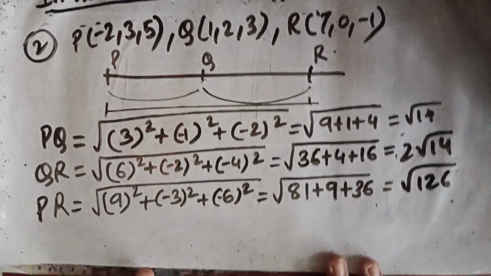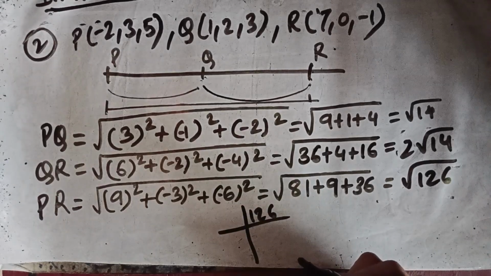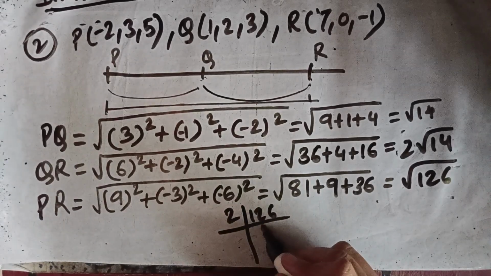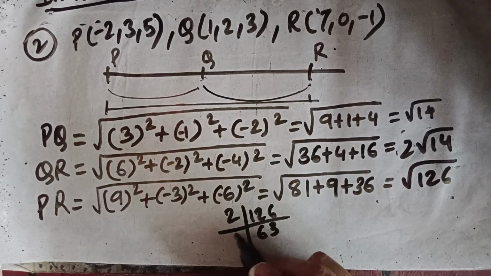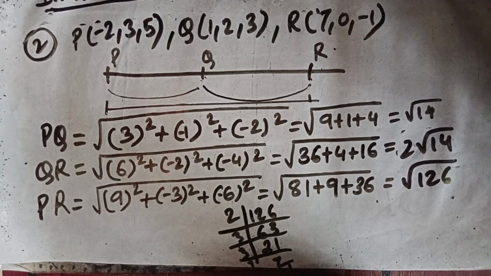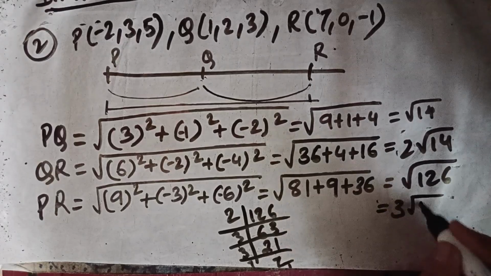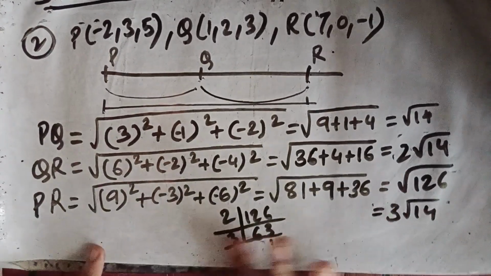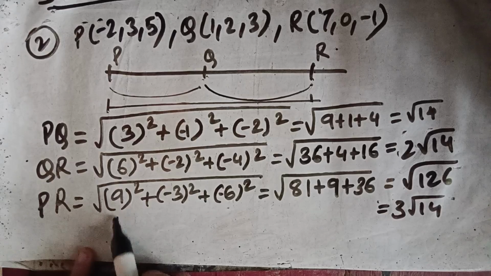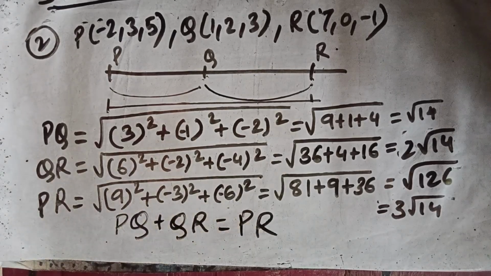Okay, reduce it. This is 3 root 14. So if you add PQ plus QR, you will get PR. So the points are collinear.